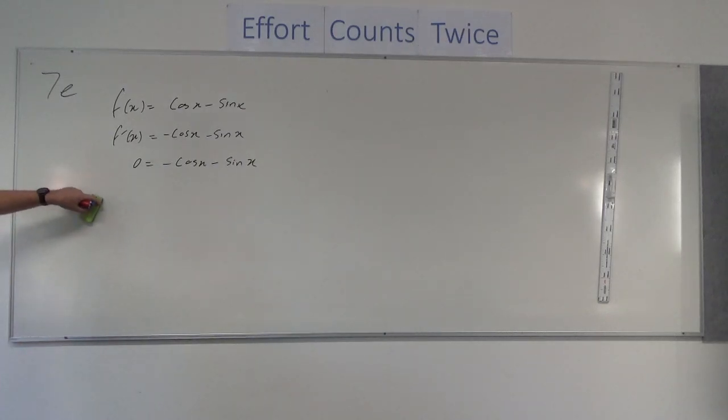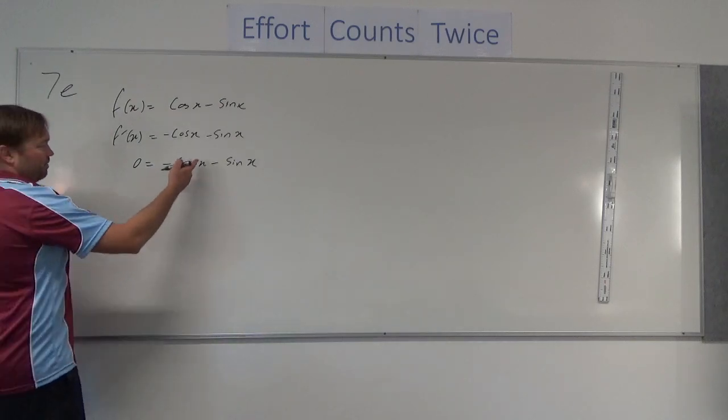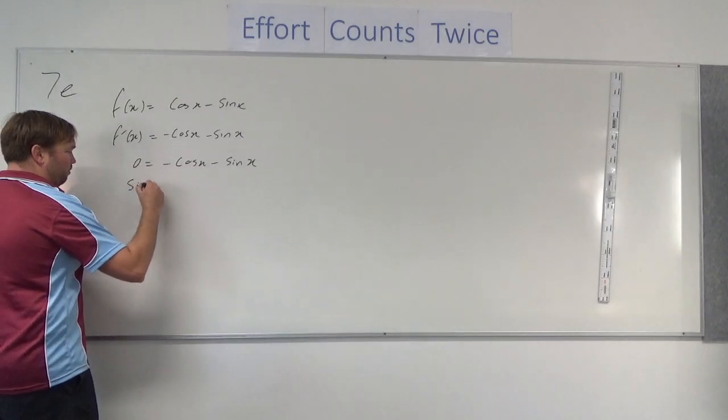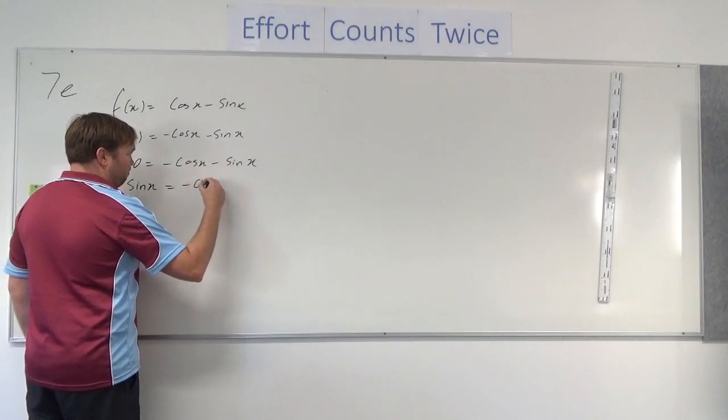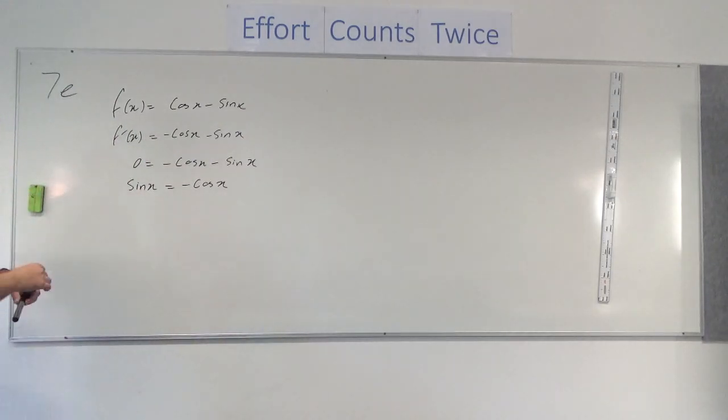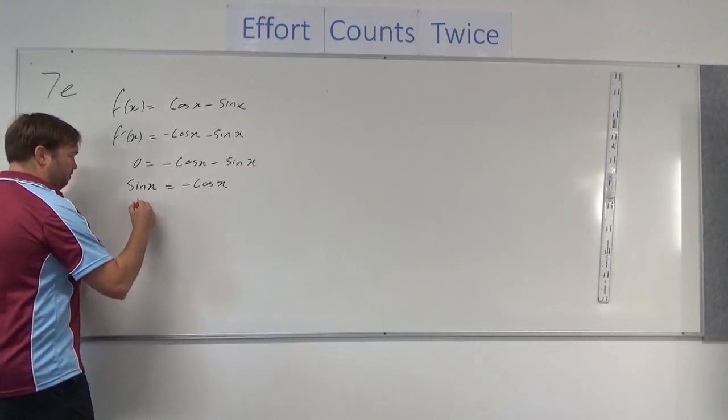Alright, here it's too hard to try and pick solutions off the top of our heads. Instead, what we're aiming for is to get it into a single form, and that form will be tan. I would start by adding sine x to both sides. And then I would divide by cos.